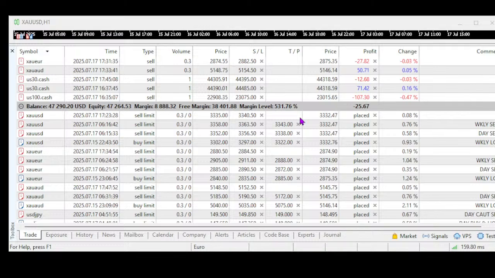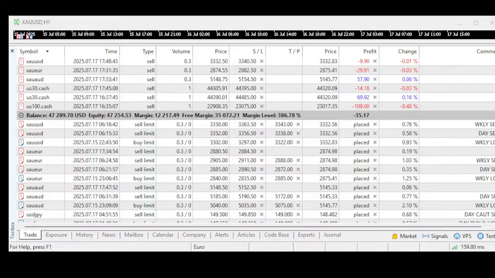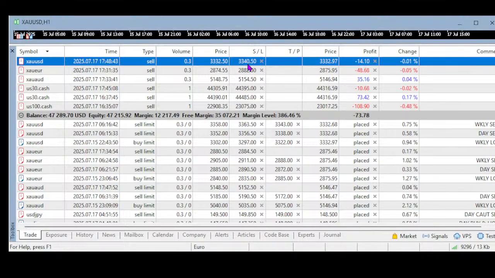I reduce it to 32 half. Once the 32 half is filled, I'm going to reduce the stop loss. The stop loss is 36 half.